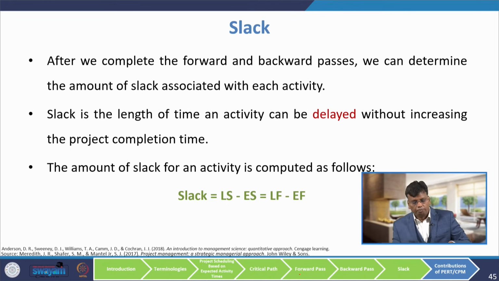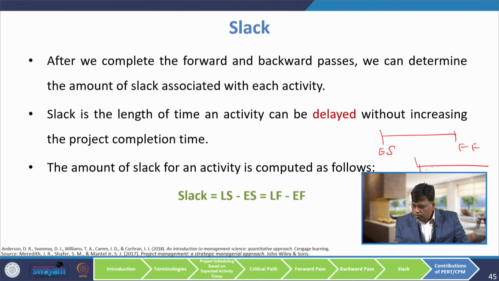Now, after we complete the forward and backward passes, we can determine the amount of slack associated with each activity. What is the slack? Slack is the length of time an activity can be delayed without increasing the project completion time. So, the amount of slack of an activity can be computed as latest starting time minus earliest starting time. So, for example, earliest starting time, earliest finishing time.